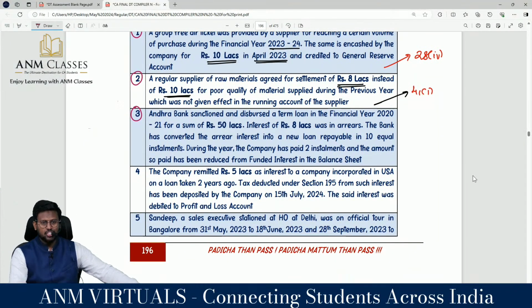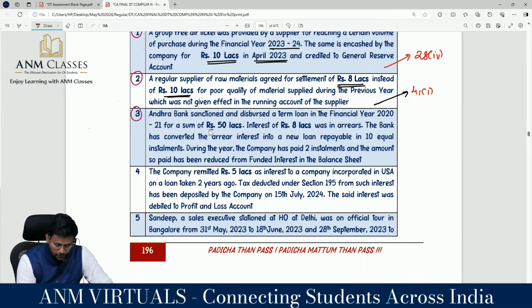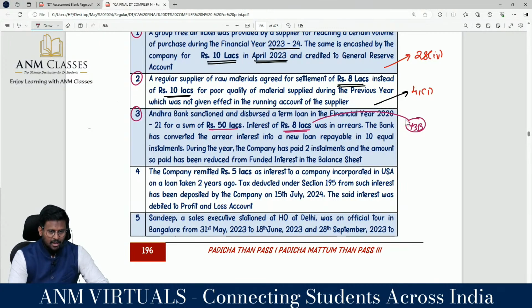Andhra Bank sanctioned and disbursed a term loan in financial year 2021 for a sum of 50 lakh. Interest of 8 lakh was in arrear. We know section 43B: any interest debited to the P&L account but not paid should be added back. Any tax, duty, cess or fees payable. Any interest payable to a scheduled bank.